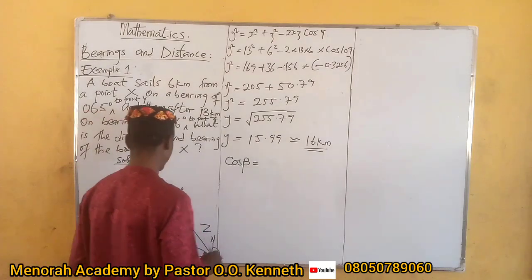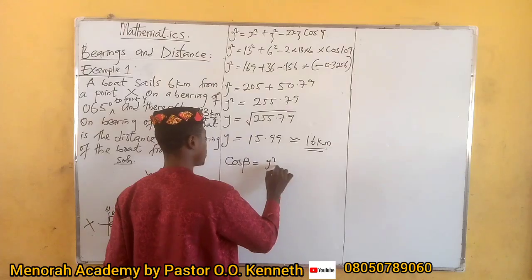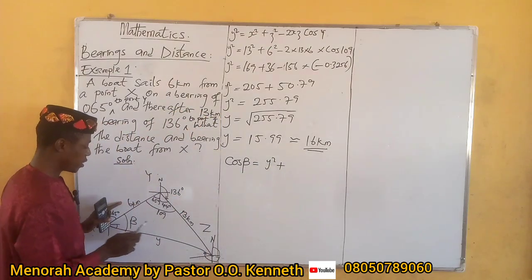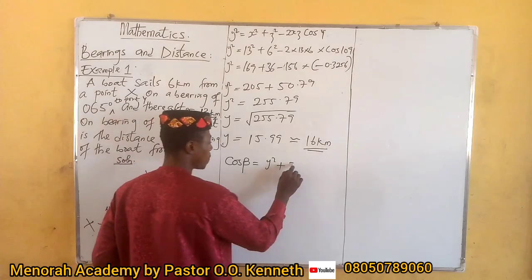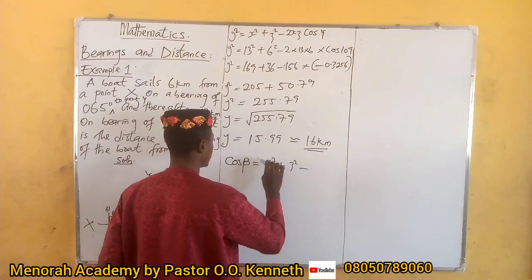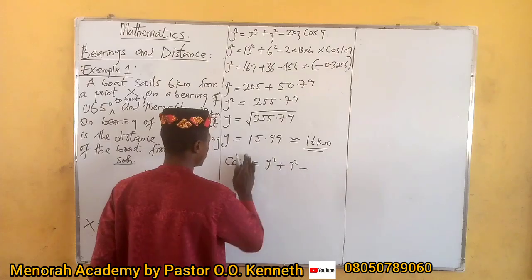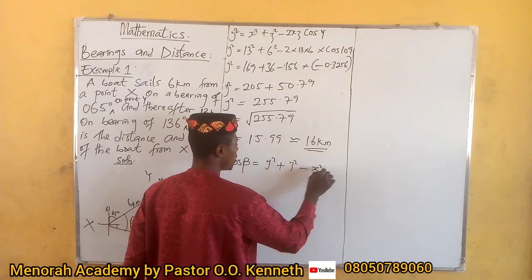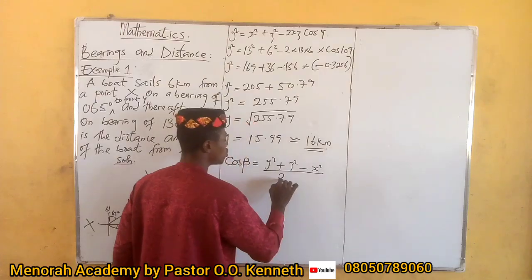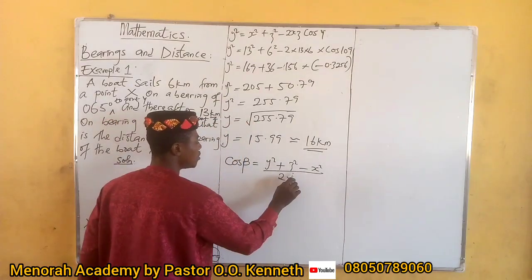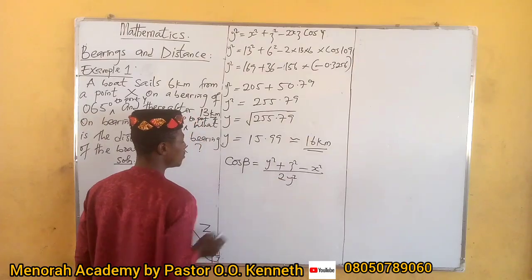So therefore we are going to be using y squared plus side of z squared minus side of x squared, my x squared is small x, all over 2yz, small z, let me use that one.